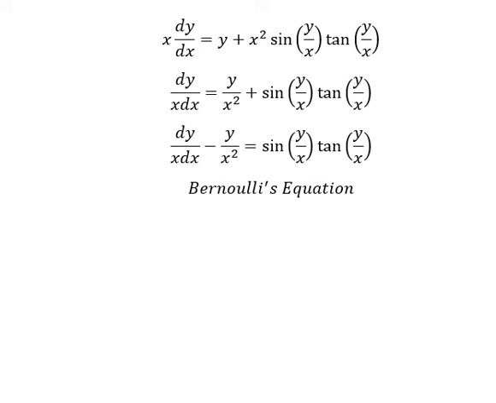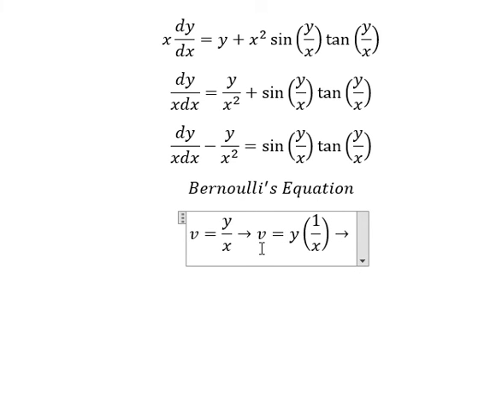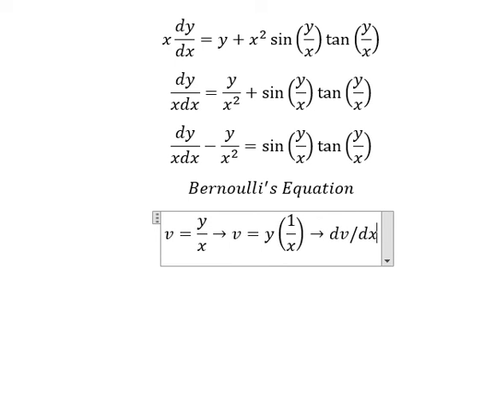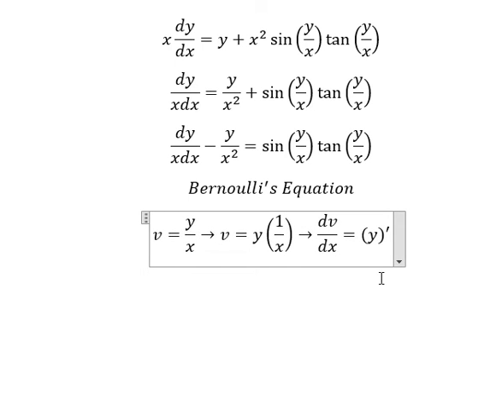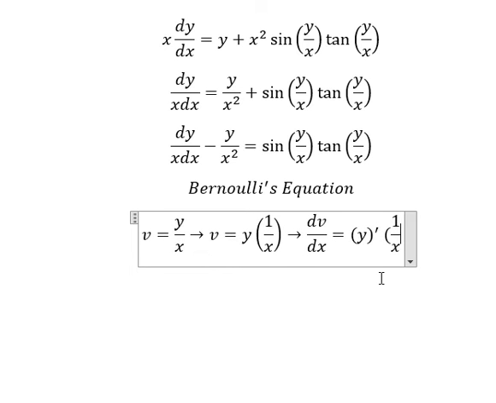So I will put v equals y over x, and we know that y over x is y multiplied by 1 over x. So if we do the first derivative of both sides, you get dv over dx, and we do the first derivative of y multiplied by 1 over x.